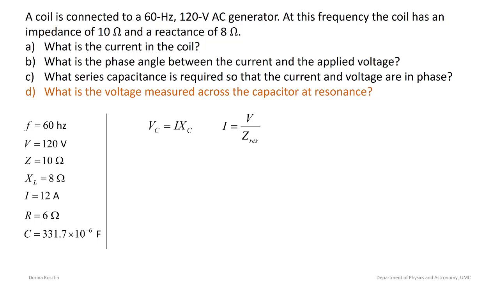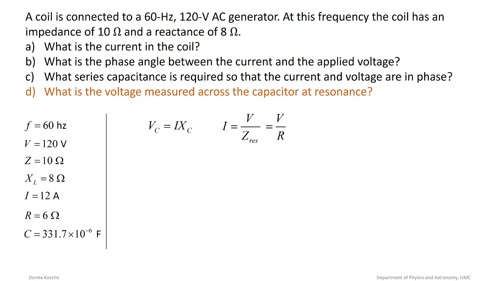The current at resonance will be equal to the maximum voltage V divided by the impedance at resonance. The impedance at resonance is nothing else than the resistance of the circuit, because XL equals XC, and they cancel out in the definition of impedance. So the maximum value of the current at resonance is the maximum voltage divided by the resistance R.